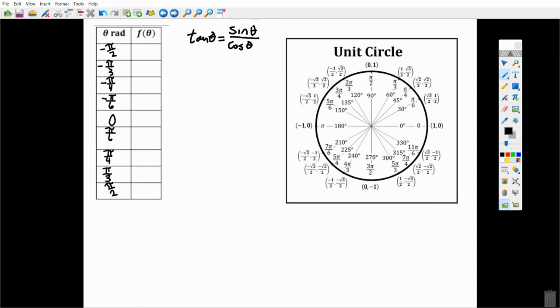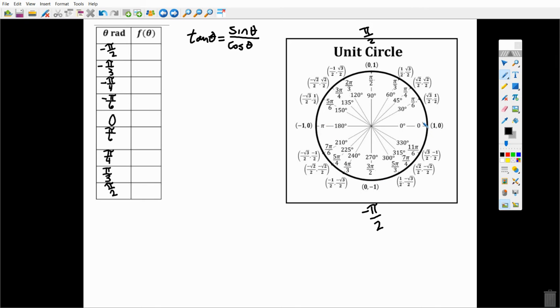That would take care of the first quadrant and also the fourth quadrant, because if you recall, negative pi over 2 is down here, and positive pi over 2 is up here, right? We talked about how when we measure the unit circle going clockwise, it starts going in the negative direction. If we go counterclockwise, that's where we get pi over 2, pi, 3 pi over 2, and 0.